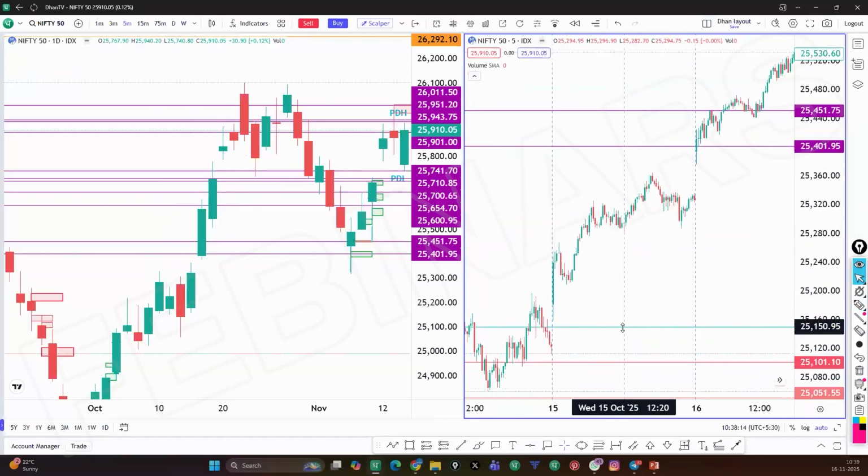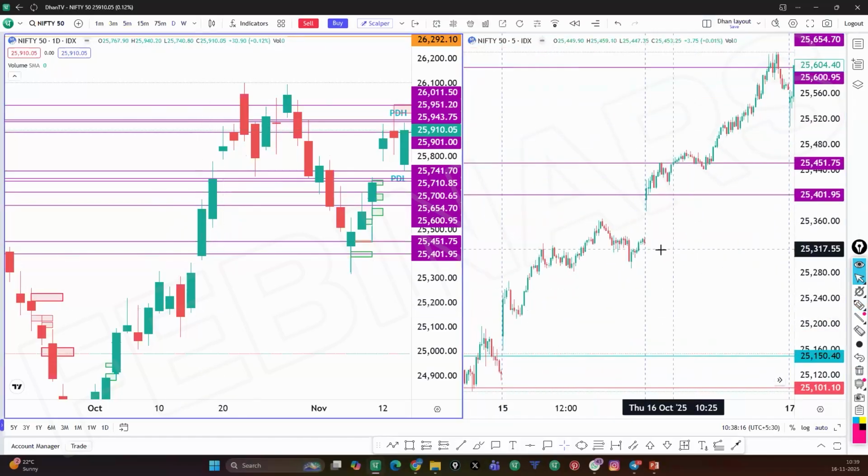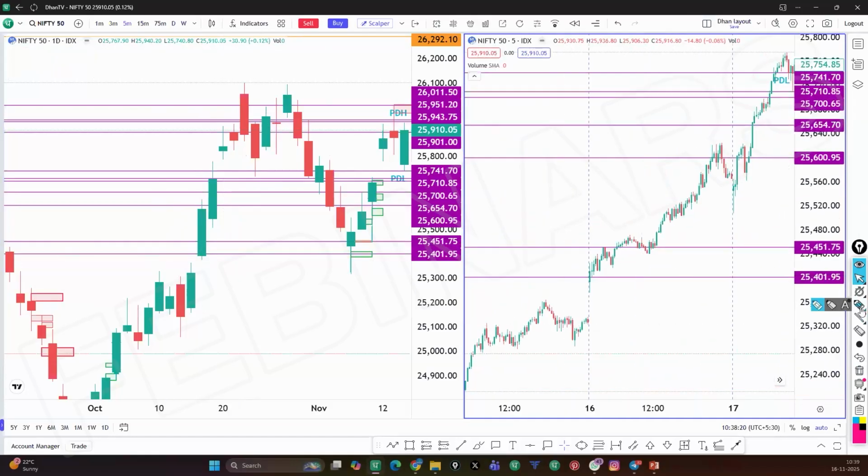Yeah, this, October 16th. Market created a very decent trend. So either you can buy at demand zones or consolidation breakouts, you can take positions. You are very clear: FIIs are bullish, I will also be bullish if price action is bullish. Price action is bullish, I become bullish, I got a good profit.